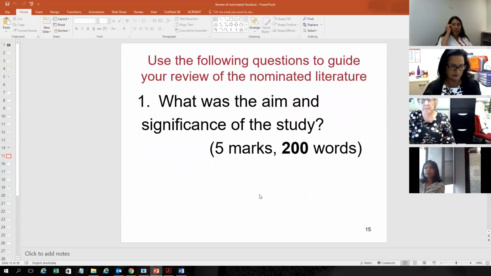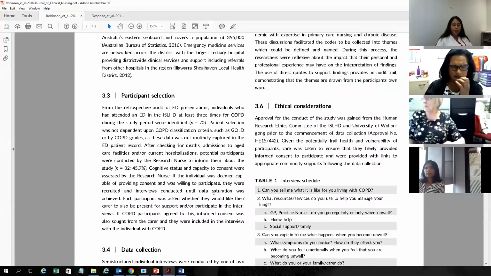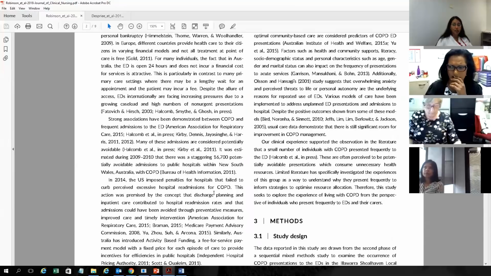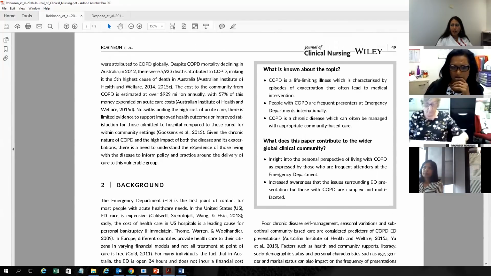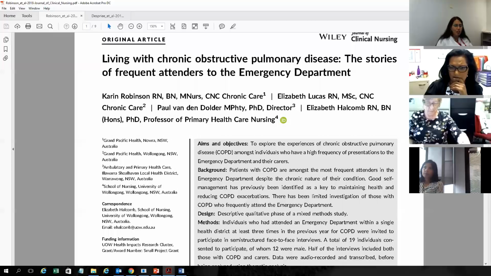So your first question is, what is the aim and significance of the study? Let me bring up your practice article. Now, this is not your actual article. This is not the assessment article. This is a practice article that I believe you might have used in your tutes.